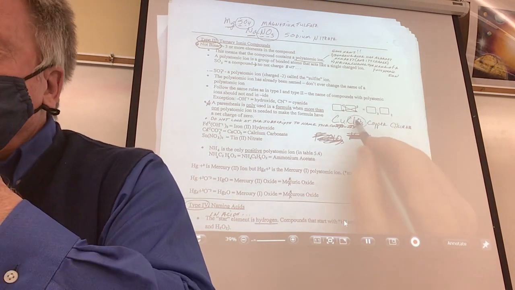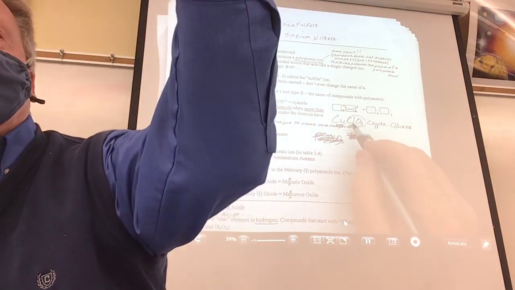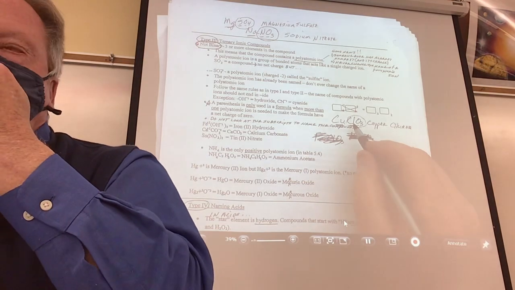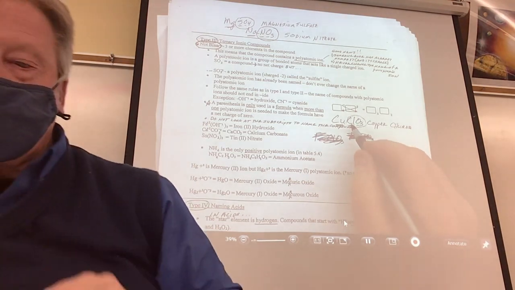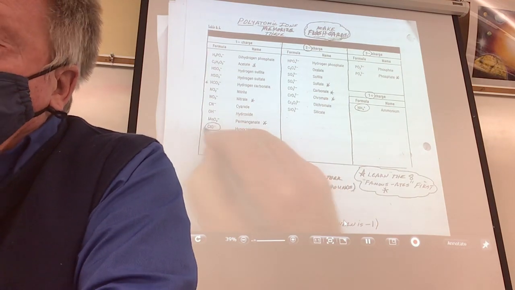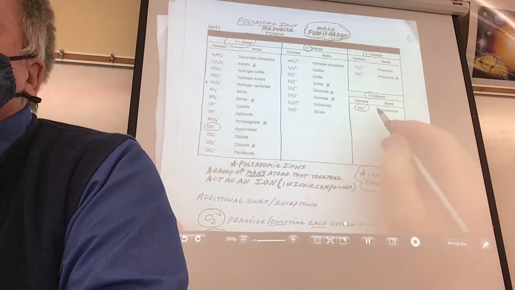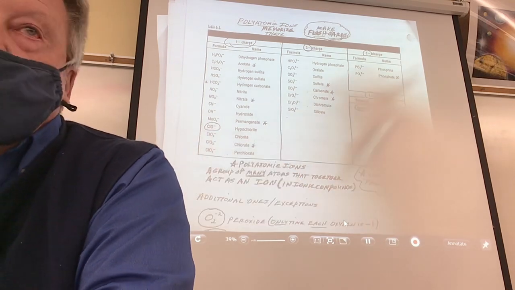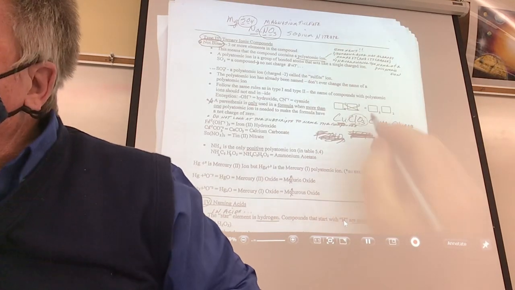Would you look this up and tell me what charge that group of atoms has? The whole group of atoms has a charge of what? Now look again in the chart. Everybody see this guy? Everybody in this column has what charge? And that's what that little minus is. The whole thing has a -1 charge. Everybody see that?